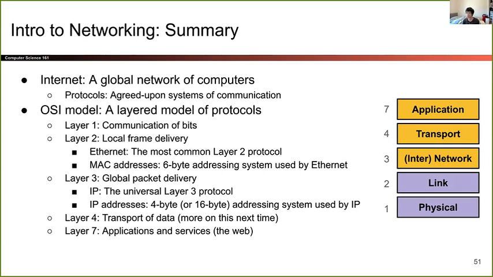And we'll talk about this next Monday when we talk about TCP and UDP. And finally, layer 7: now that we have this abstraction that just lets us send data from anywhere to anywhere else, layer 7 builds applications and services on top of this, such as the web or SSH or Zoom. And that is the end of this lecture.